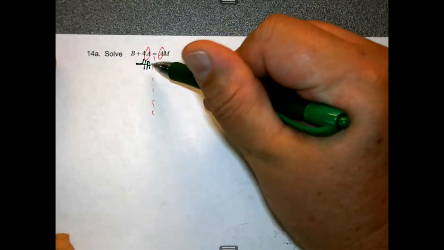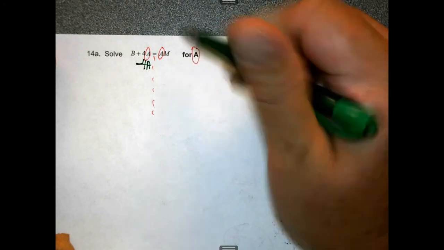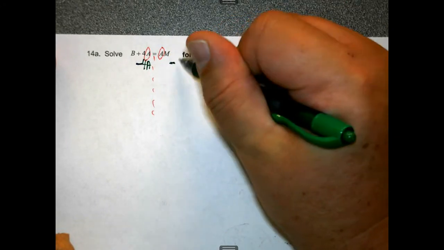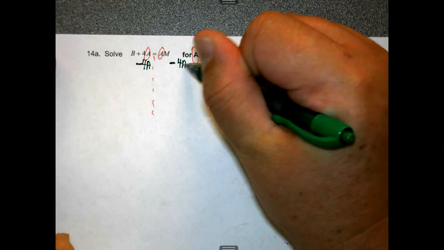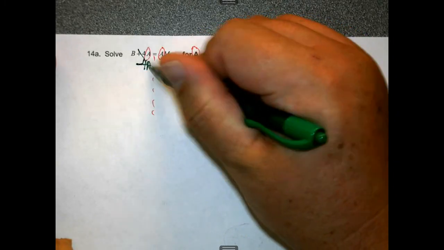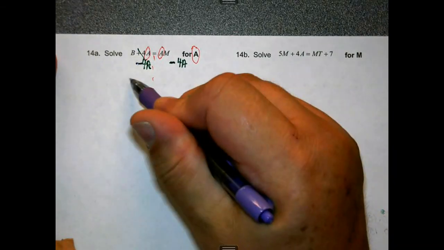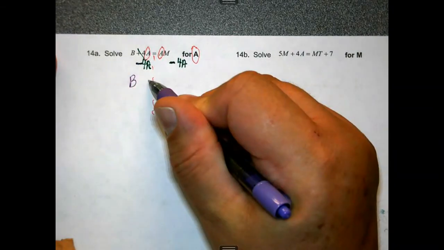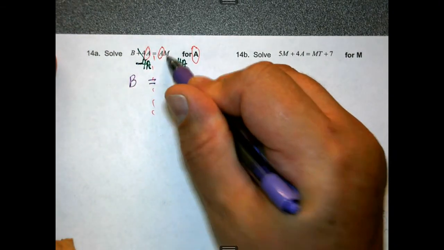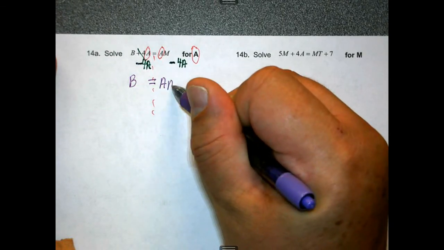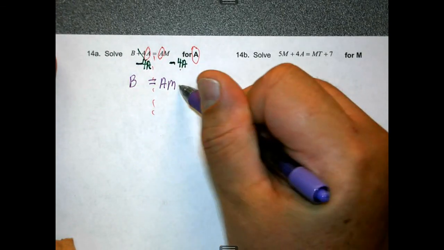Now these are unlike terms, so I'm going to offset this minus 4a so I don't make that mistake. I have b equals am minus 4a.